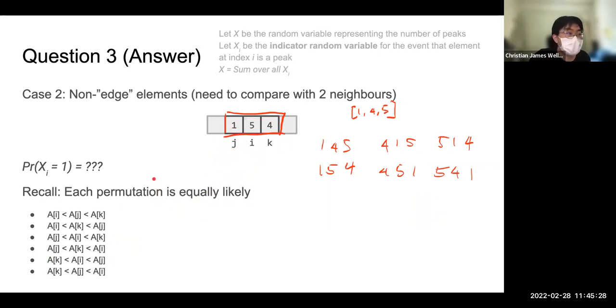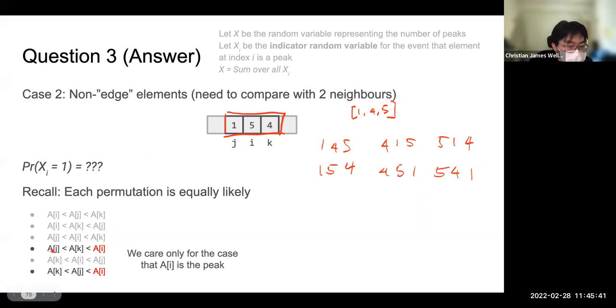Okay, what do we care about? When is element AI the peak? Element AI is the peak if it's greater than both the element to the left and the element to the right. So it's actually these 2 cases where AI is the greater of the 3. We don't really care whether the element to the left is greater than the element to the right. What I mean is we don't care if this is 1, 5, 4 or 4, 5, 1. In both cases, 5 stays as a peak.